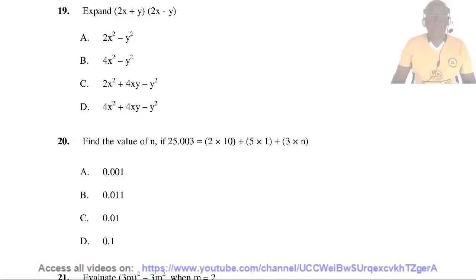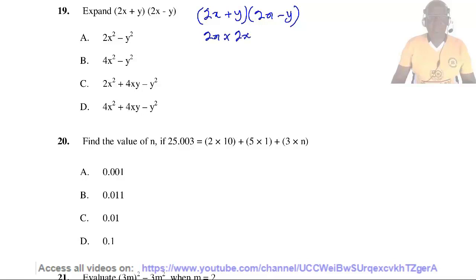Question 19. Expand into brackets 2s plus y times into brackets 2s minus y. That is 2s plus y times 2s minus y. Let us multiply 2s by 2s. That is 2s times 2s.